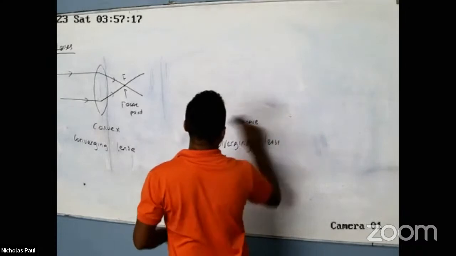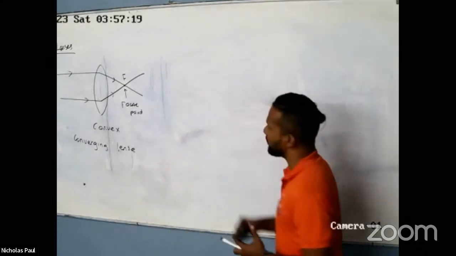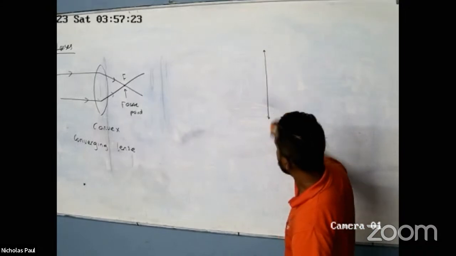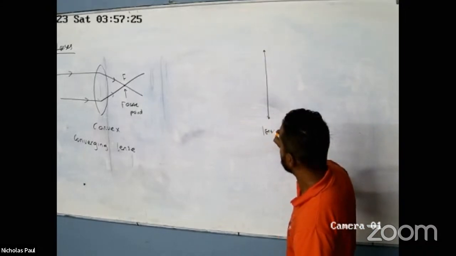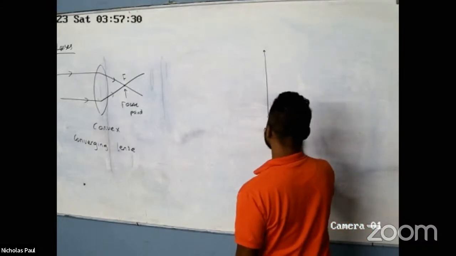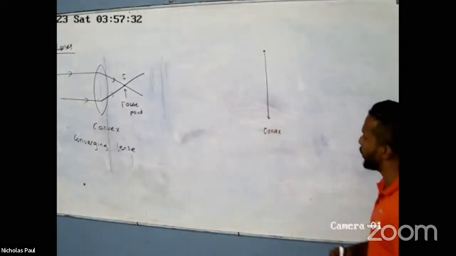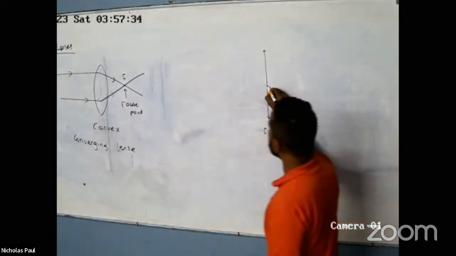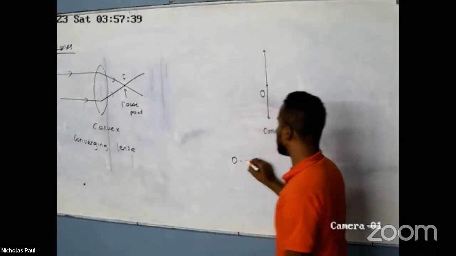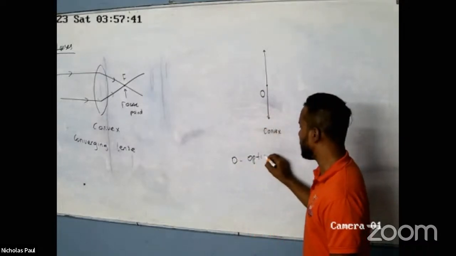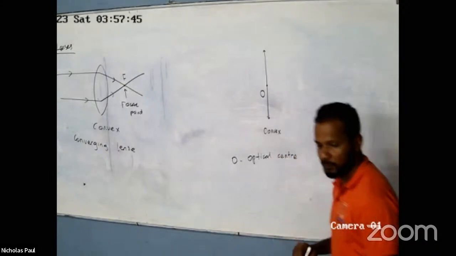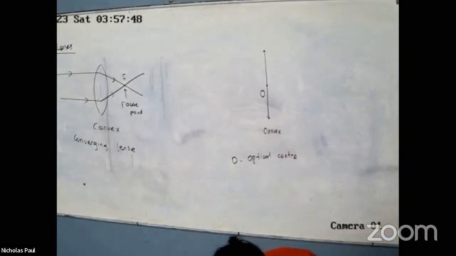Right. So there are some things that we need to know about a convex lens. We'll draw a lens looking like this. This here is our lens, a convex to be exact. Number one, the middle, we call that O. O is your optical center.